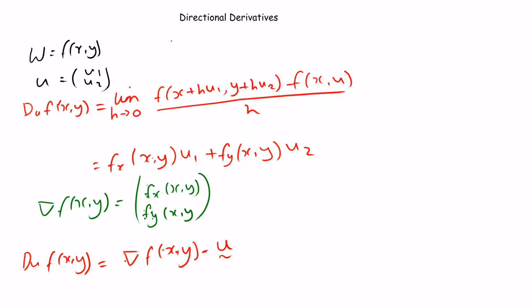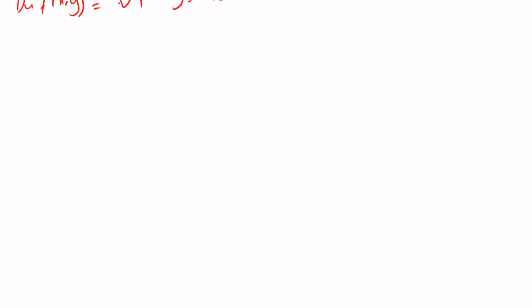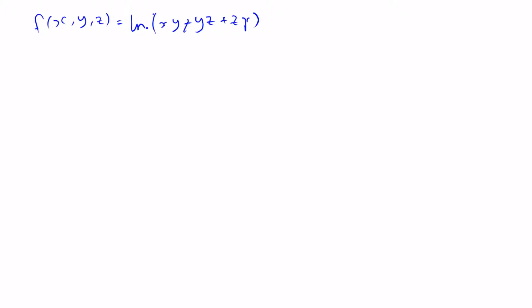So let's have a look at an example. Say we have a function in three variables, f of x, y, z, which is equal to the natural log of xy plus yz plus zx at the point 1, 1, 1.